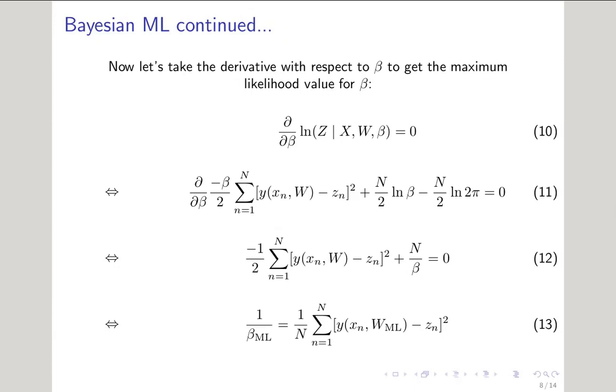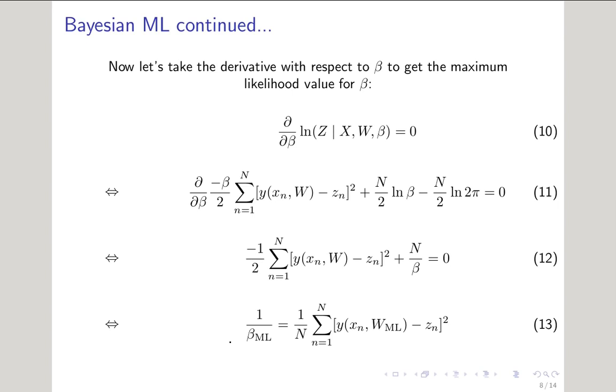Now, we still have one parameter to maximize, namely beta. Let's follow the same process. First, we get rid of quite a few pieces that don't have a beta in them. Next, we rearrange the equations a little bit, and we get 1 divided by beta. Now you can see why we said we wanted to have the variance of our Gaussian noise distribution be the inverse of beta, or 1 over beta.